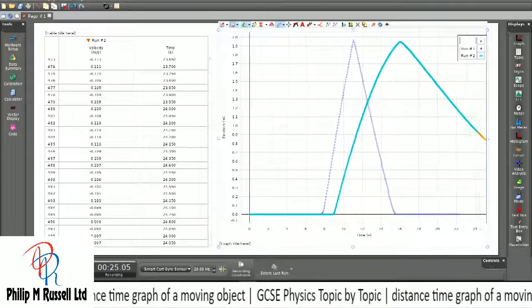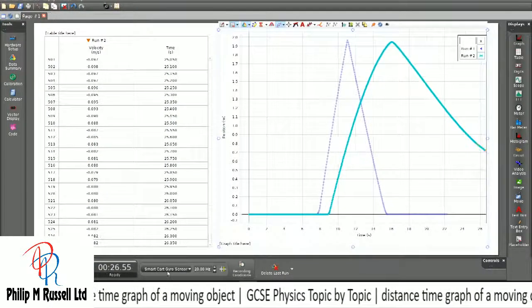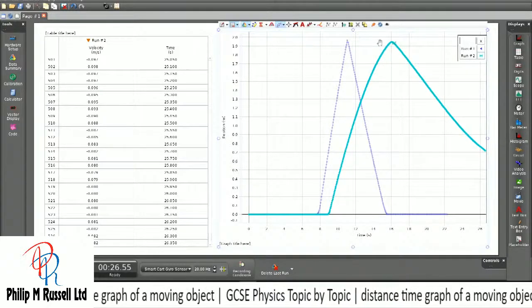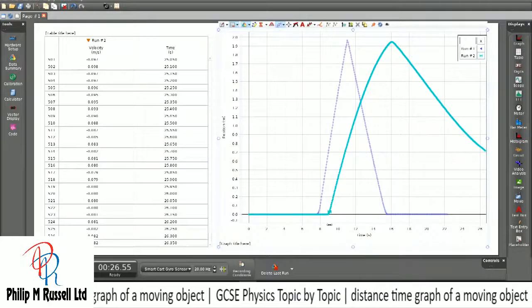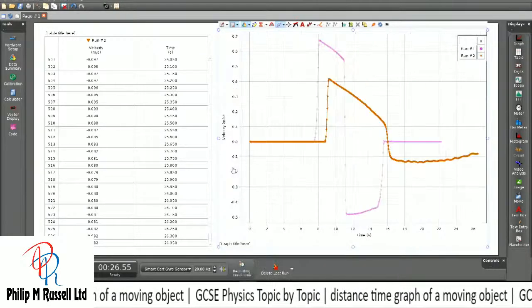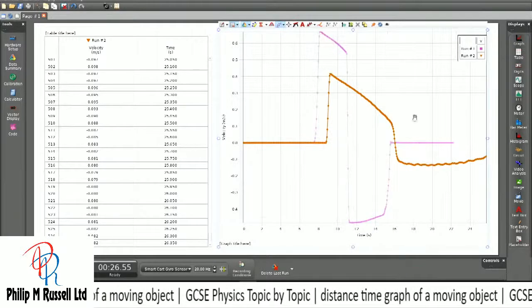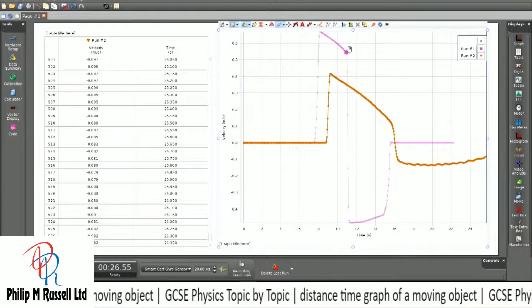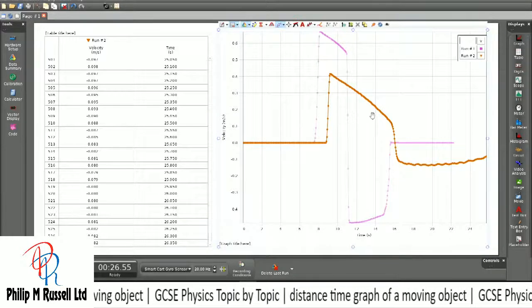Graph. It's travelled the same distance, but if we look at the velocity graph here, we can see that the first one had a higher velocity than the second one.